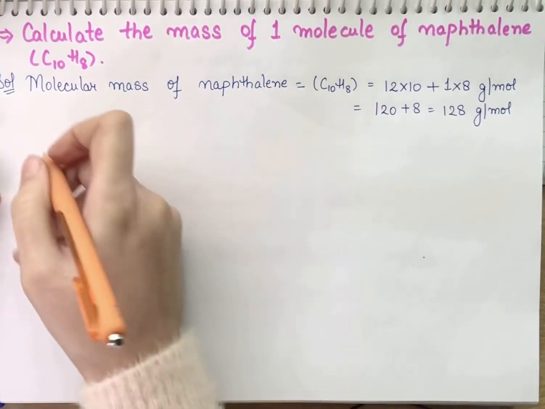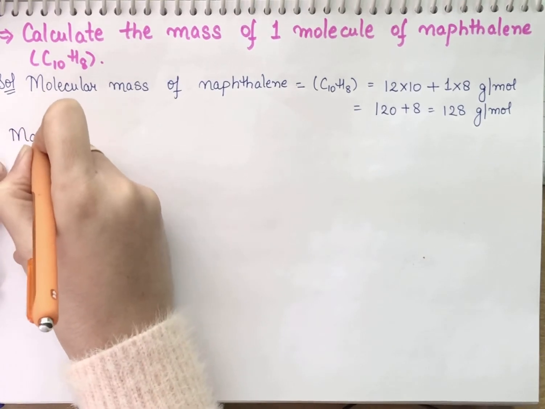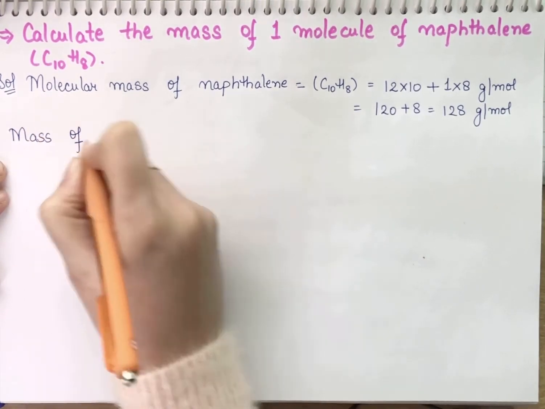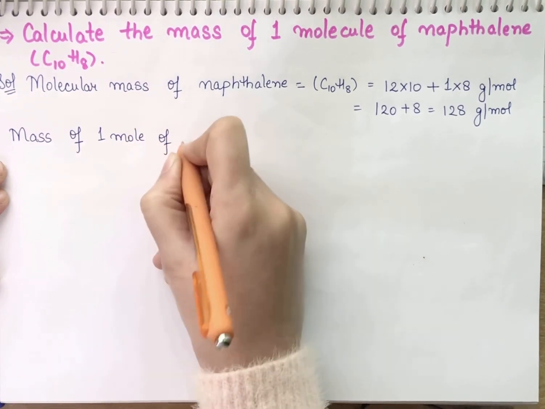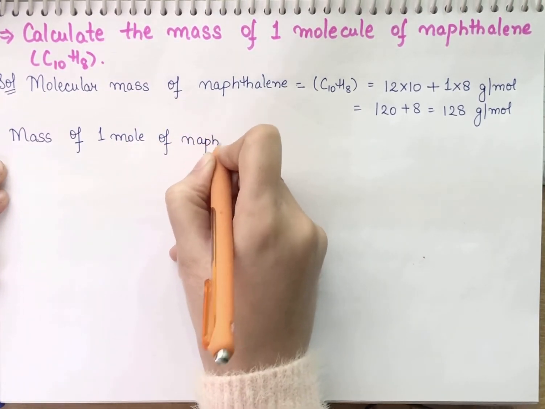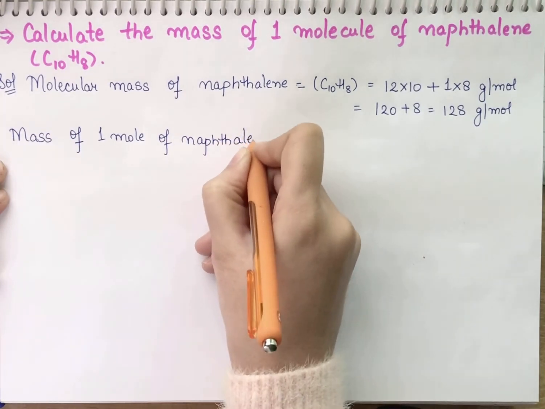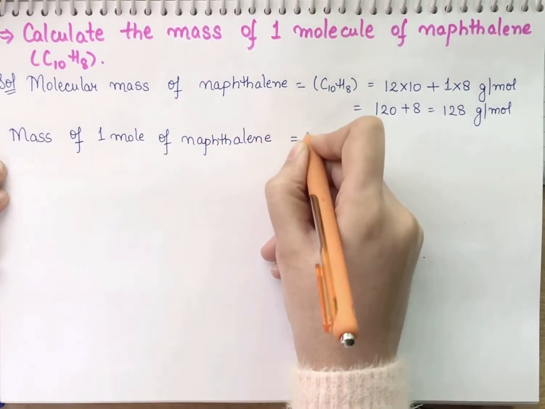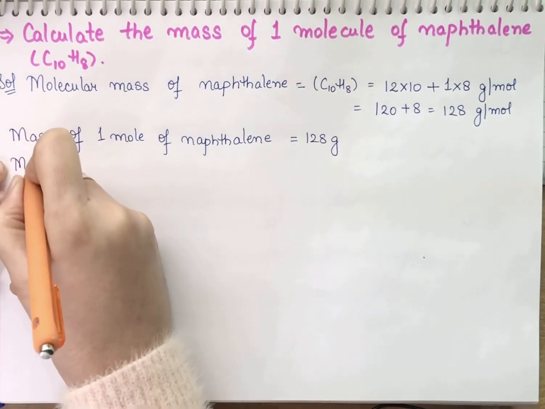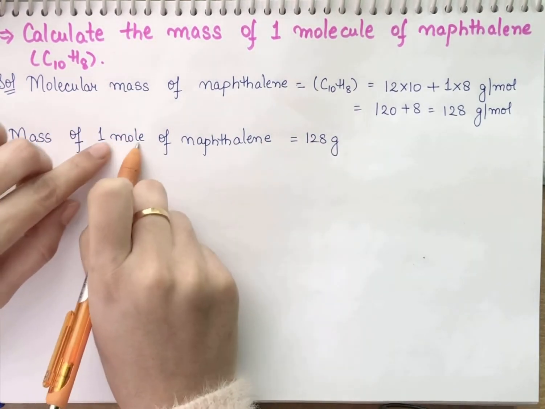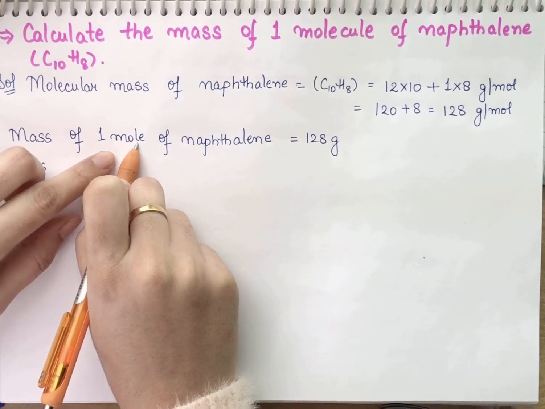So you can write mass of 1 mole of naphthalene equal to 128 gram, right? Obviously you have to convert these moles in terms of atoms or molecules.